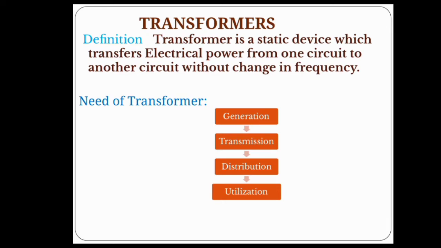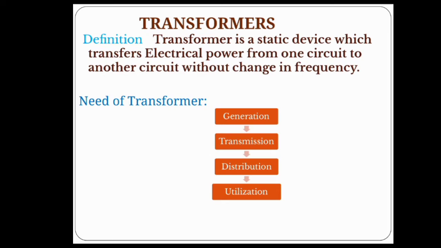There are a number of advantages for high voltage AC transmission. This occurs in the transmission system of the power system. No problem, I will explain why we use high voltages in the transmission network.